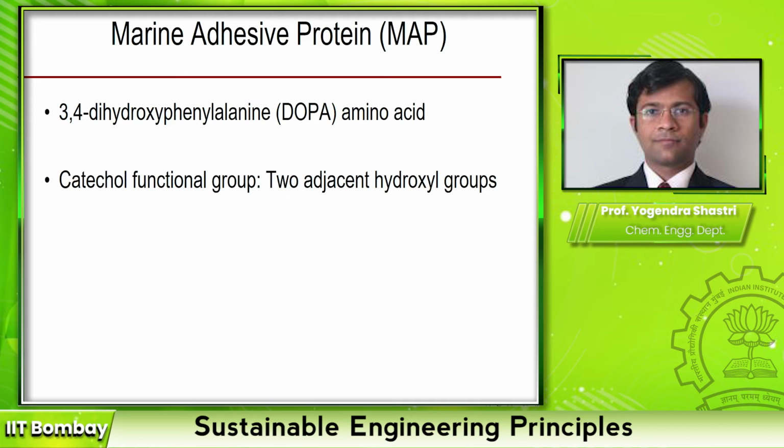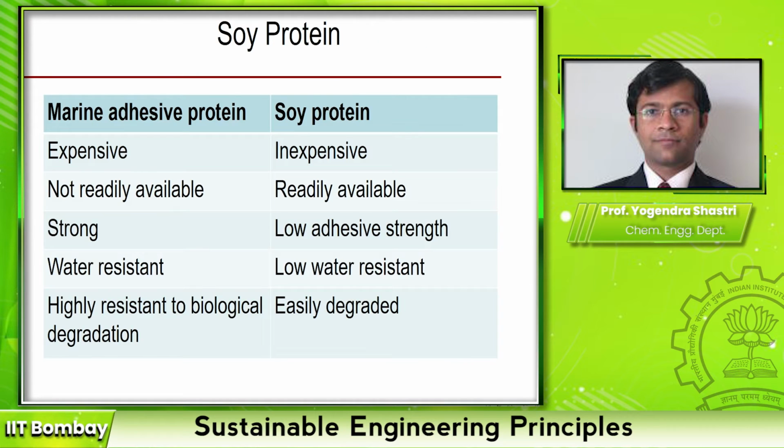So he started looking at alternatives, and what he found was soy protein. Soybean is an agricultural product, and it's a protein rich product. So soy protein also has similar properties. It is not exactly the same as blue mussels, but it has similar properties. What is the comparison between marine adhesive protein and soy protein?